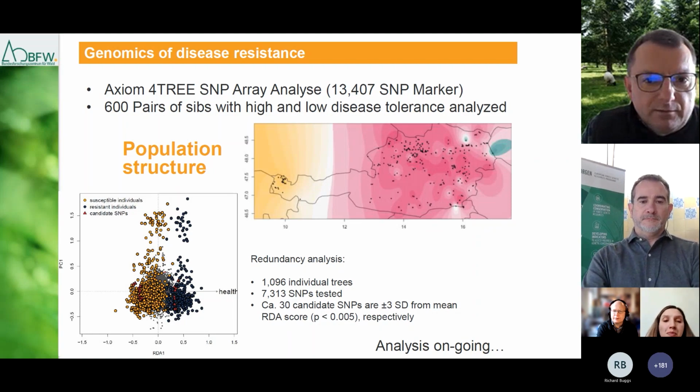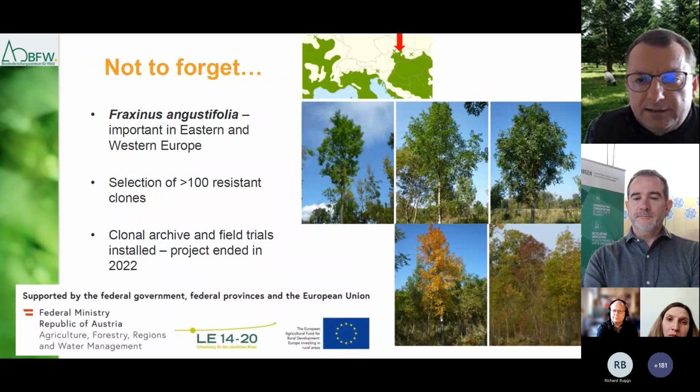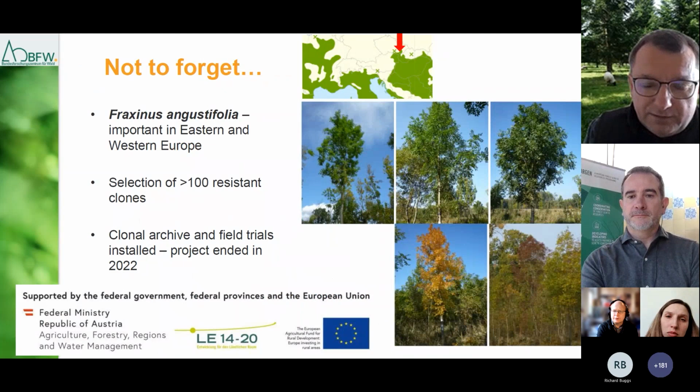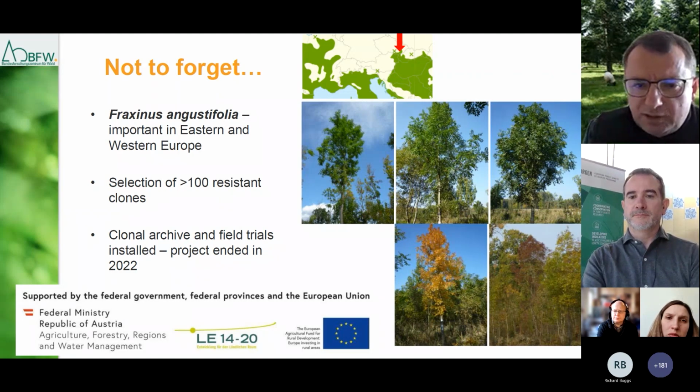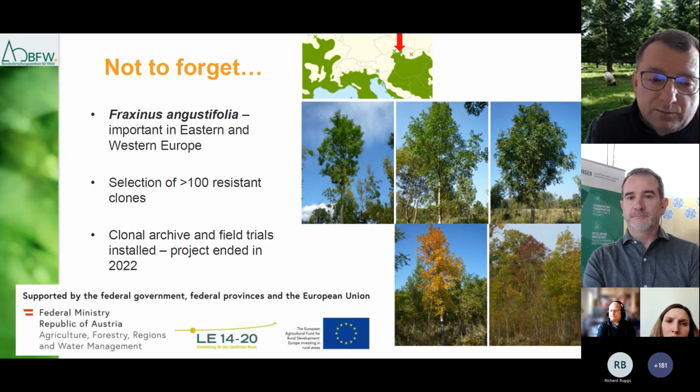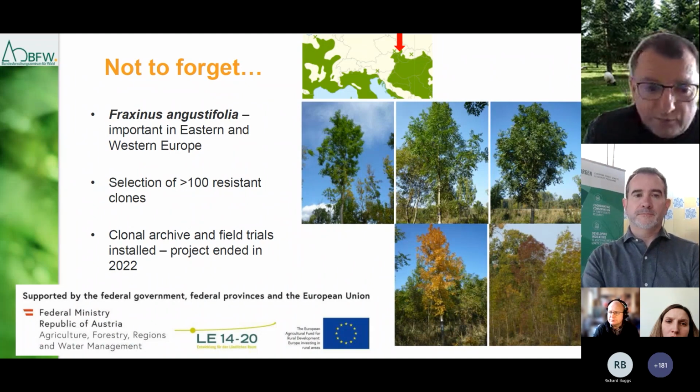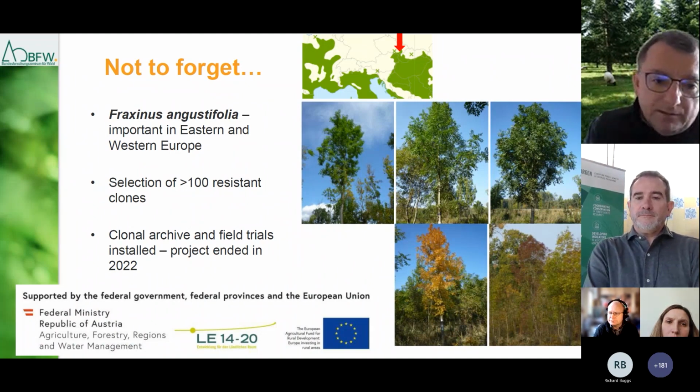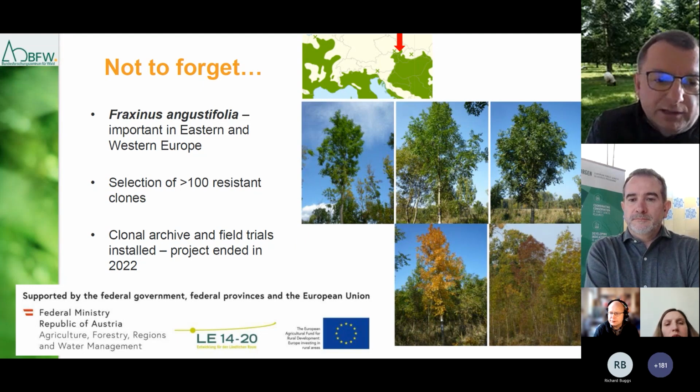Not to forget, as said, we also have this narrow-leaved ash, a little bit in Austria, but it's an important species in Eastern and Western Europe. So we had another smaller project in resistance breeding also in that species. We have selected around 100 clones, which we now have in a clonal archive, and we have collected seeds from those also.